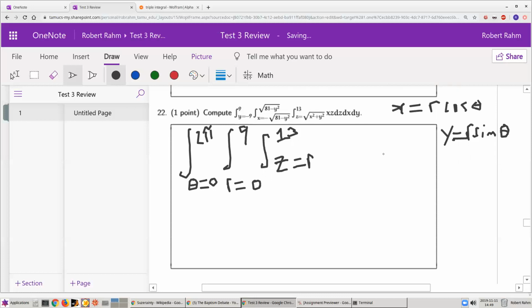Now don't forget the r dz dr d theta. And the function that we're integrating is x times z, so this is r cosine theta times z.